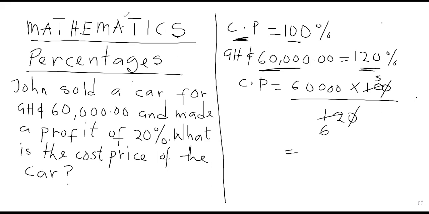Then we are dividing 60,000 by 6, okay? Then 6 times 1 will give us 6, that is 10,000. And 10,000 times 5, that should give you 50,000. So it should be 50,000. The cost price should be less than the selling price because it is in terms of profit. So take note of that, not 72,000. It should be 50,000 because the cost price should be less than the selling price to get profit.